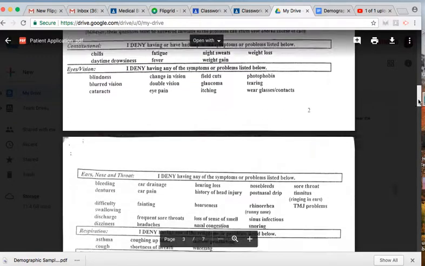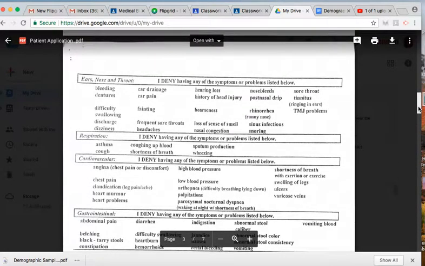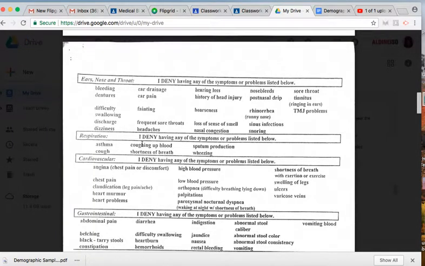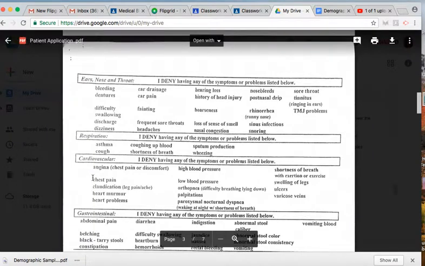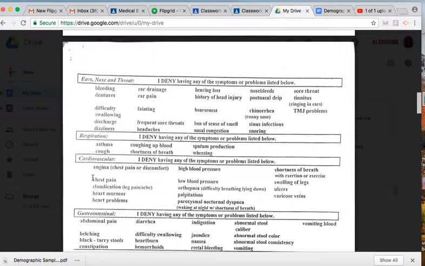But if we come down to cardiovascular and respiration, you would circle shortness of breath because he can't deny having that. And you would also circle angina, chest pain, or discomfort because, again, he cannot deny that.